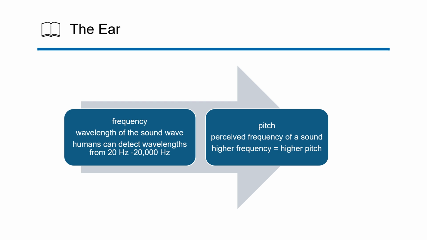Short wavelengths correspond to high frequencies. So high frequencies have short wavelengths. High frequencies are higher pitch. While long wavelengths correspond to low frequencies and low pitch. So the length of the sound wave affects how we perceive its tone and character.